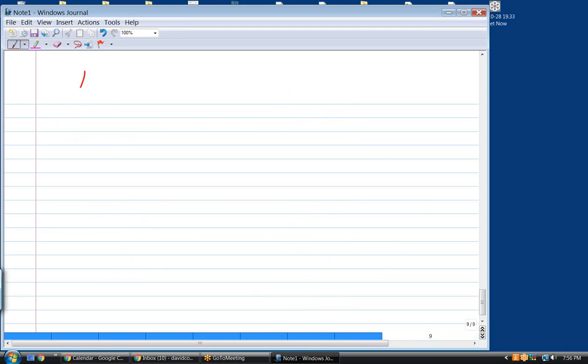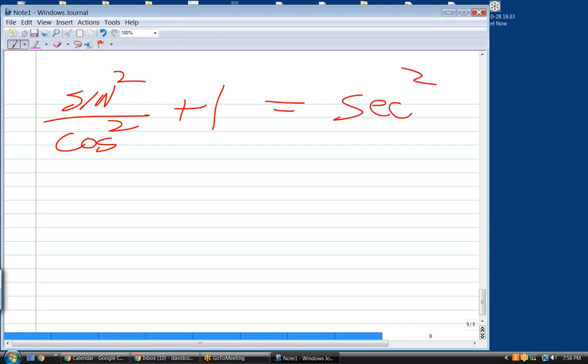In other words, suppose I had something like this. Well, I already have a lot of sines and cosines, right? So it might make sense to turn this secant squared into 1 over cosine squared. But that would be the long way to go.